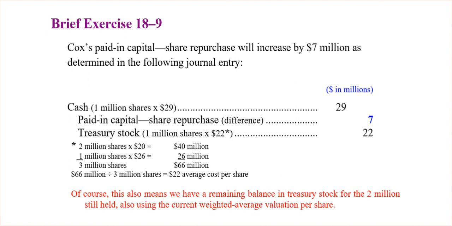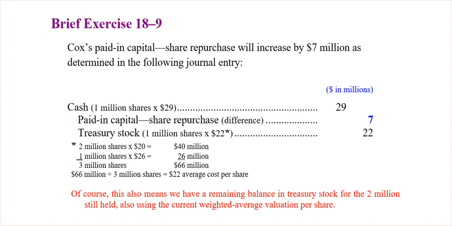As you look at this transaction, you see it's a good transaction because the average price which we paid for our treasury stock when we took it off the market was 22, and the cash we're getting in is 29. Most of us would say this is a good transaction. Again, we can't record it as a gain. We have to say paid in capital, either treasury stock or paid in capital share repurchase. It's the same thing. For 7.